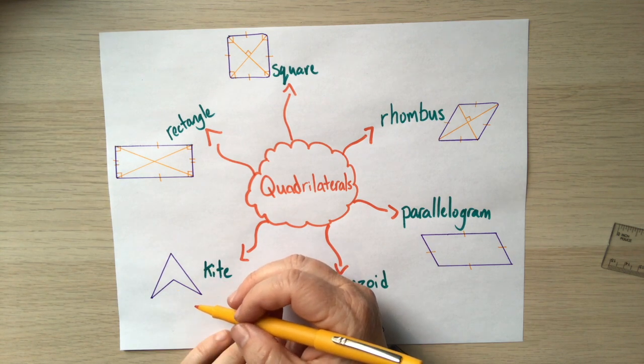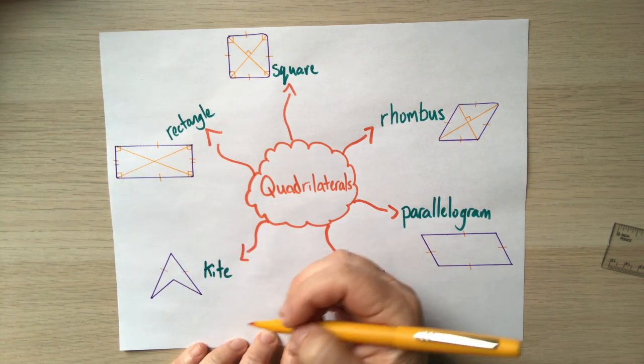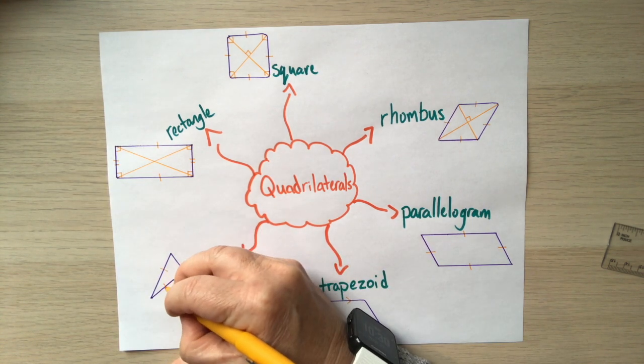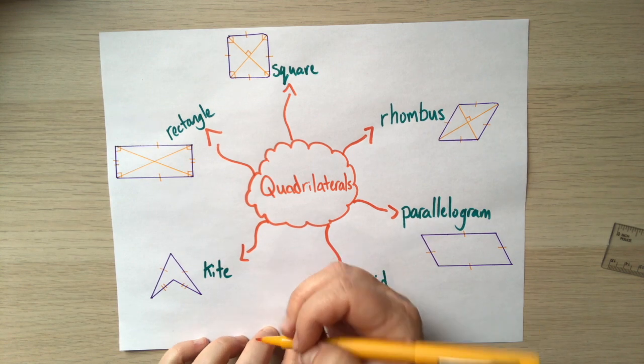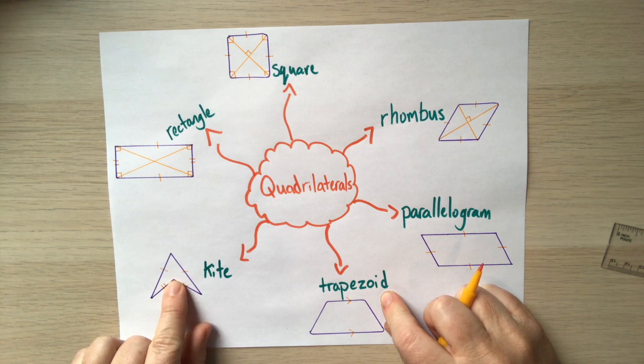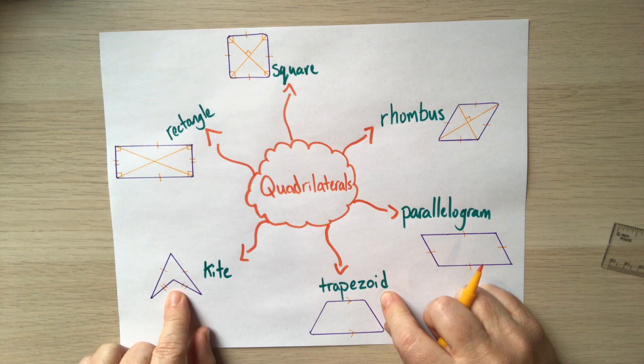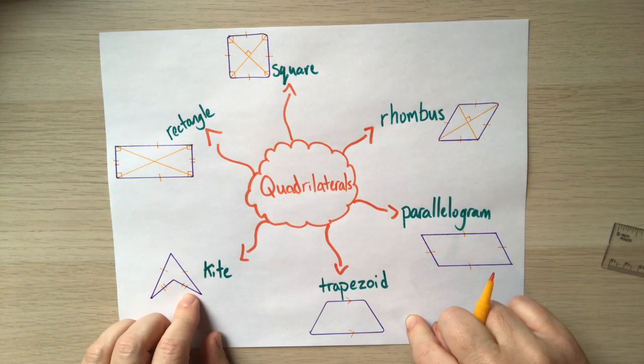The kite has two lines that are equal to each other and two other lines that are equal to each other, but you have one angle that goes in towards the actual shape itself, and that's the big difference between the kite compared to the rest of them.